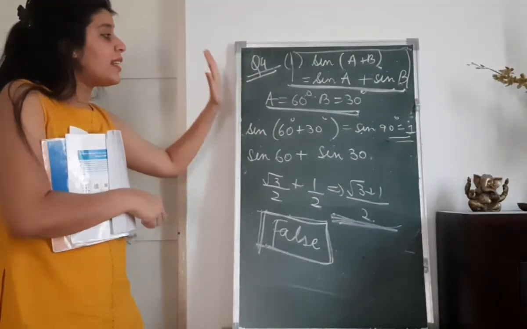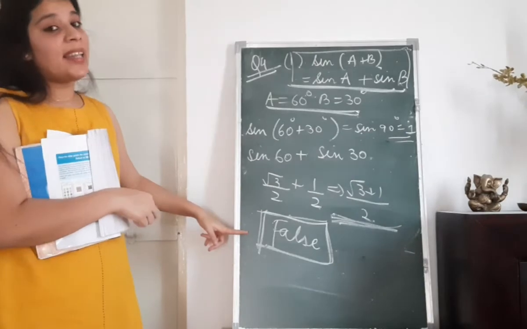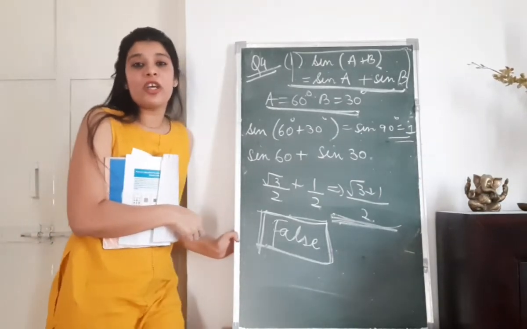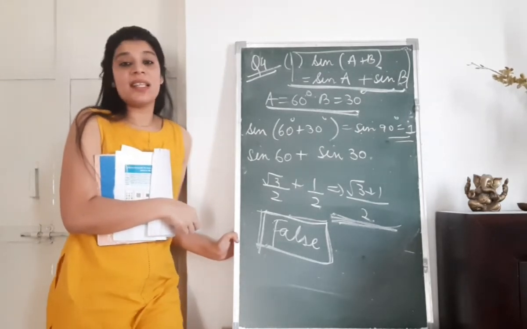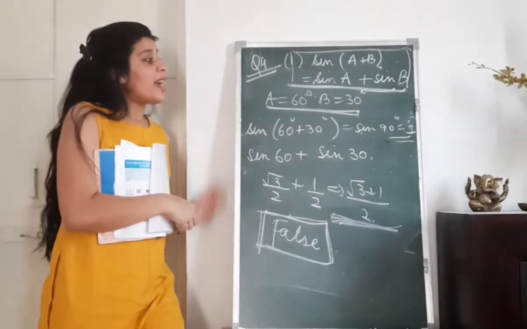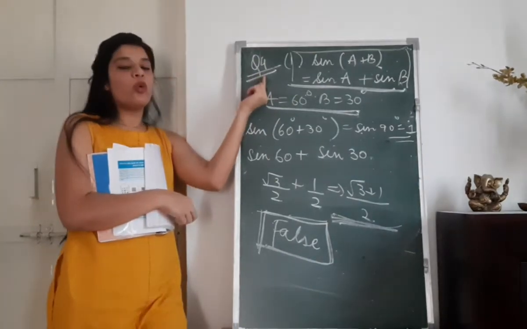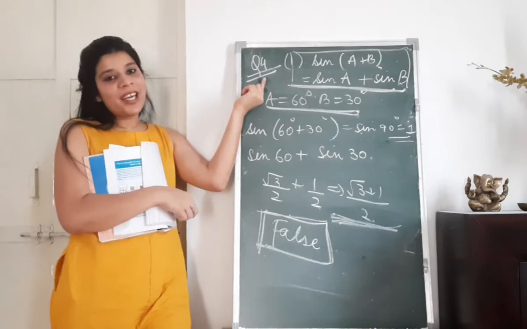So remember, when your answer is coming as true for the first value, do not mark your answer as true, because there is a high probability that your answer may go wrong. So check this statement for multiple values, and if it is coming true for multiple values, then your answer is going to be true.